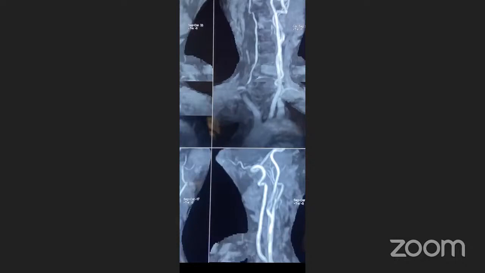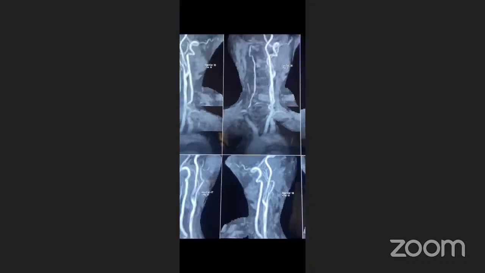Size was 7x40 protege. Before placing the stent, I did pre-stent angioplasty with a 5x18 balloon. Then I placed the stent, and post-stent plasty I did with a 7x18 peripheral balloon. Then after the subclavian, I did the ICA stenting.